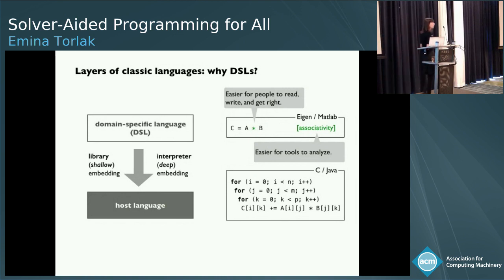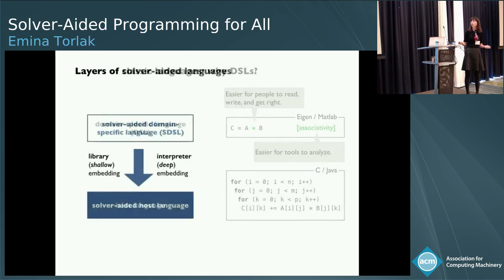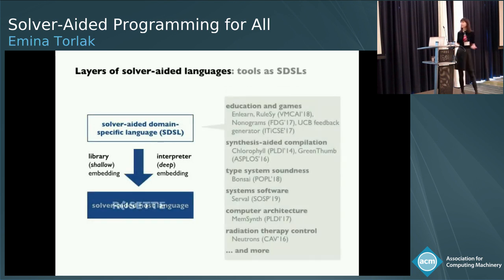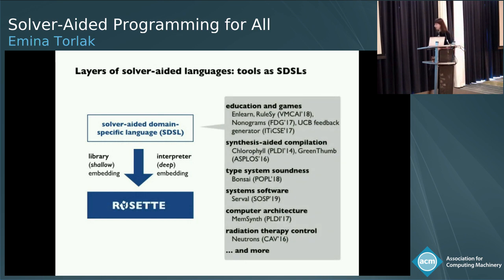So you build tools in Rosette by building a language, and you do it in exactly this way. You build either an interpreter or a library in a solver-aided host language, in this case Rosette. Here are some things that have been built with Rosette. I will be talking about a couple of these in detail, but I'm just listing some to give you an idea of what kind of domains we can handle in this way.